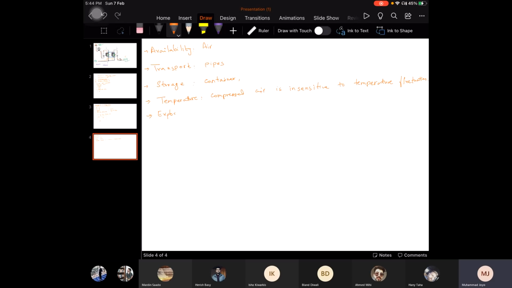This kind of compressed air that we use in electro-pneumatics is explosion-proof air. Or you can say the compressed air can also be used in areas where there is a risk of explosion. There will be a small explosion, but it will not be harmful in a way that it creates a high risk of fire in an environment.